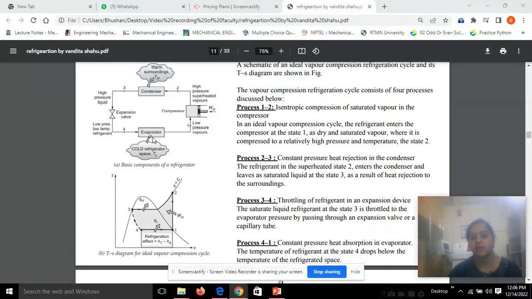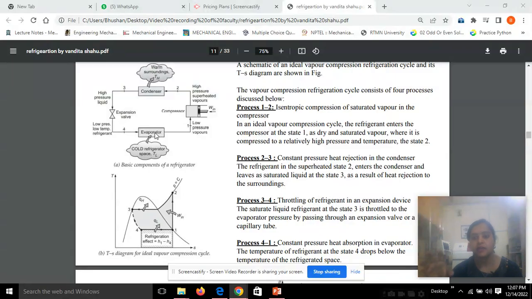The evaporator is similar to the internal part of your fridge, where you keep the vegetables or components to be cooled. The evaporator is the cold space, which needs to be maintained at a lower temperature than the atmosphere. Here the heat will be removed from the substance. The heat is absorbed by a refrigerant.